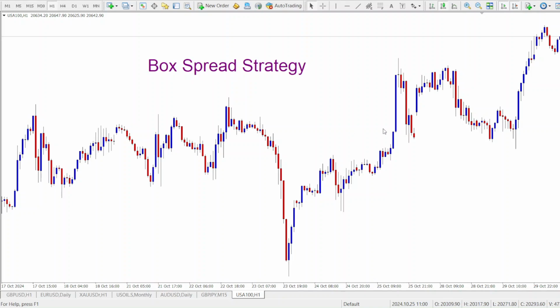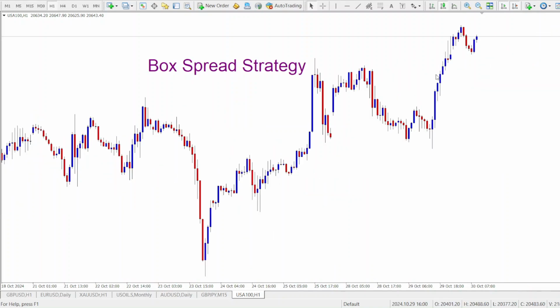Because this strategy aims to minimize risk, that's the reason why you are going to be opening both long and short positions. Now you will have to execute the trades.